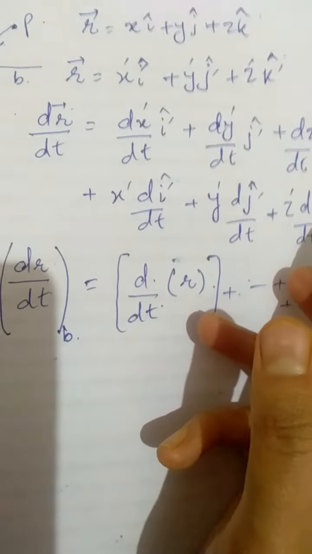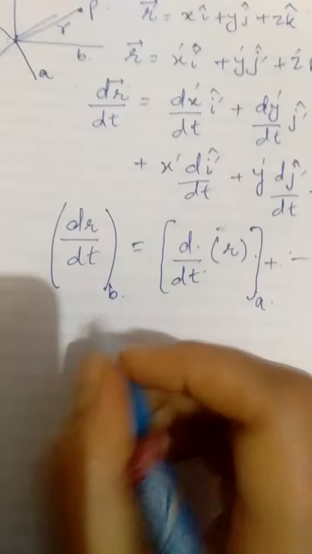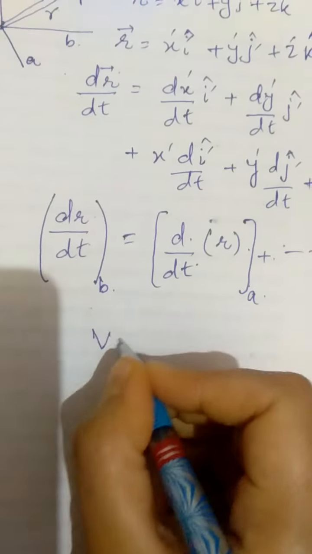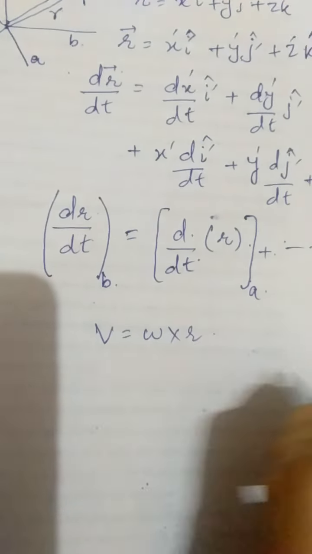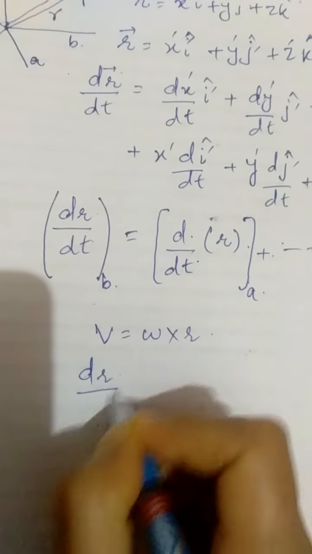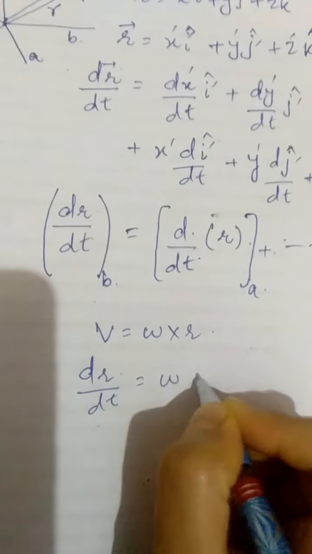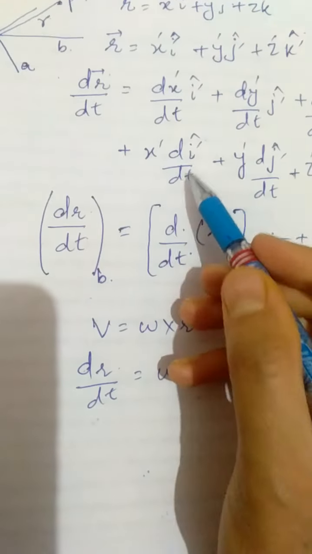But for these terms I would like to do certain specific modifications. And what are those? We know that linear velocity and radial velocity are related by this expression, right? So this is actually dr by dt is equal to omega cross r, right? So for r I can keep substituting this.